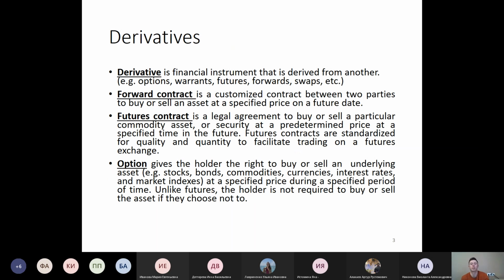So first, let's discuss what derivatives are. Derivative is the same word as derive, which you might see in the math course. Those are instruments which are derived from another instrument, so the price of a derivative depends on the price of the underlying asset.